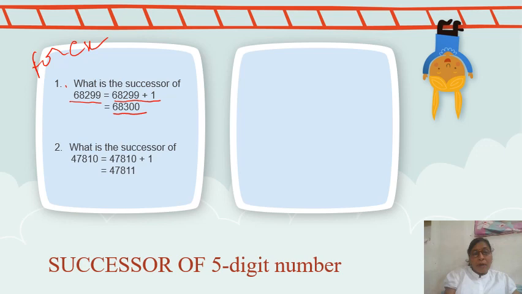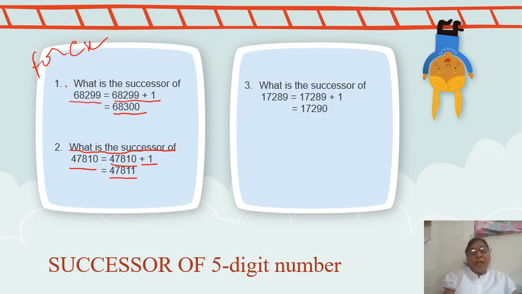Next example, what is the successor of 47810? 47810 plus 1, 47811. Next, what is the successor of 17289? 17289 plus 1 is equal to 17290.